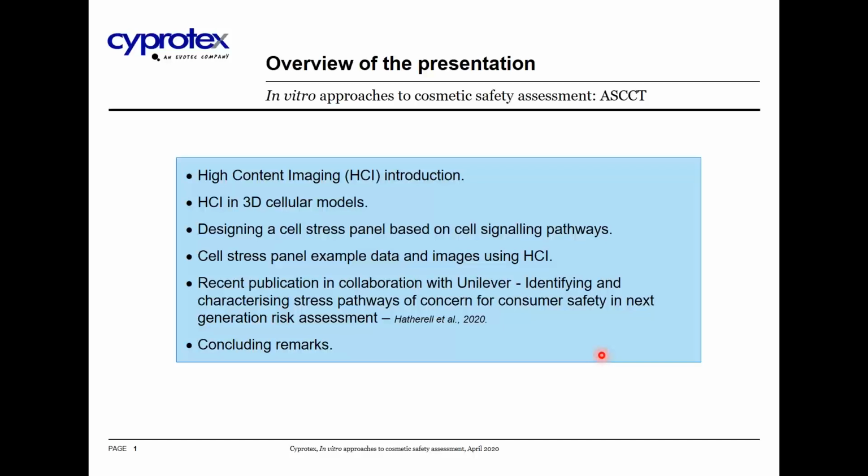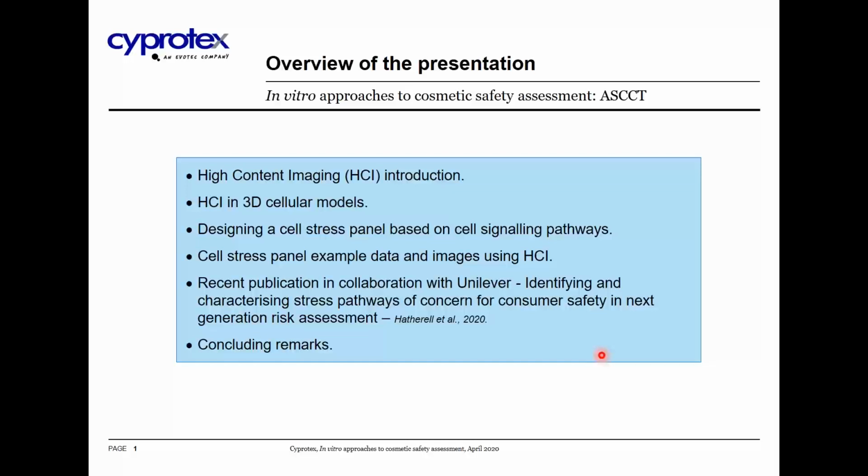So first of all, high content imaging. High content imaging is quite a well-established approach across using in vitro models. There's lots of different high content imaging platforms available. Ideally, we like to do live cell imaging, and they are quite modular systems, so you can add things like confocal imaging.